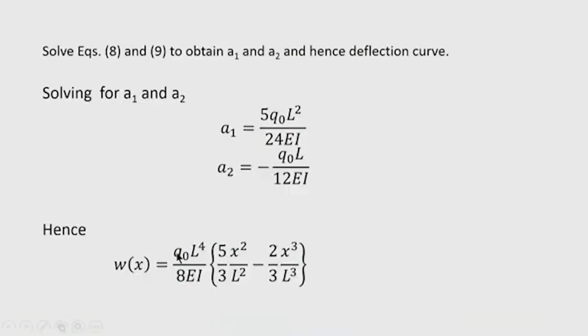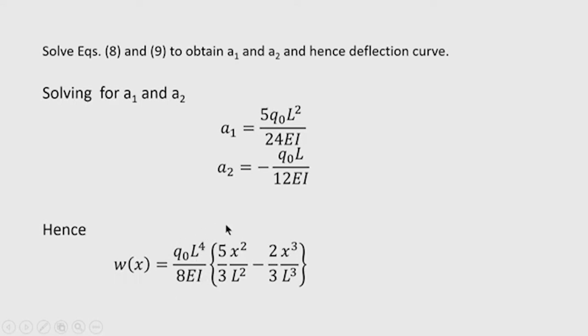We know from the strength of materials formula that W at the cantilever free end or tip will be Q naught L to the power 4 by 8 E I, where Q naught is the distributed loading on the cantilever, L is the length and E I is the flexural rigidity.